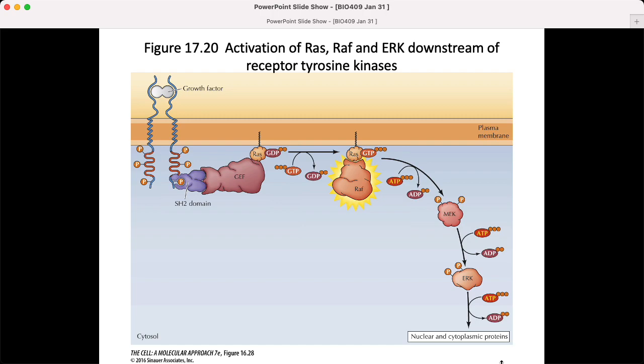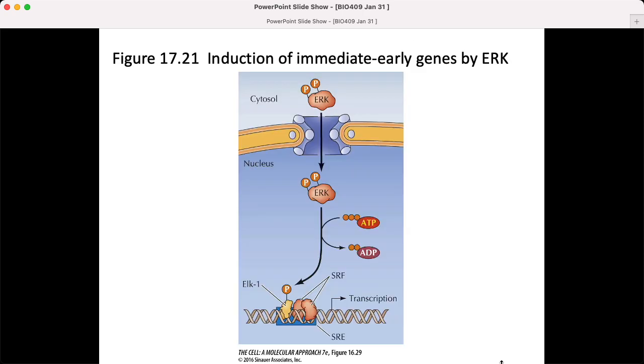And so this is the pathway, and it's really 2 slides. The second slide shows that this is ELK, and ELK is going to get phosphorylated, and when it's phosphorylated, it binds, and it activates transcription. And this is a great example, partly because it's the center of chapter 17. Then, when it activates transcription, it's going to increase the cell cycle, which is chapter 18.